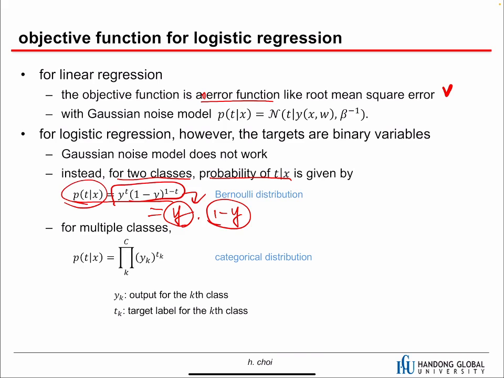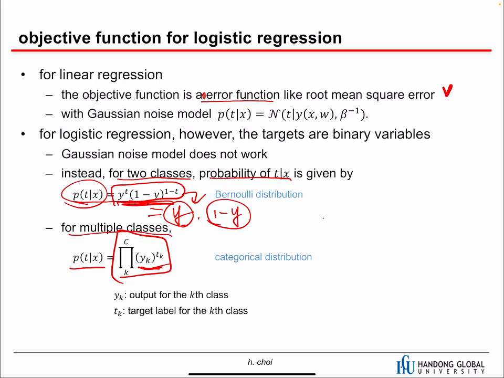When we have a multi-class problem, p of t given x is the product of y to the power of t. This one is actually the same as the binary case. We have C classes, and only one class has 1 and all the others are 0.